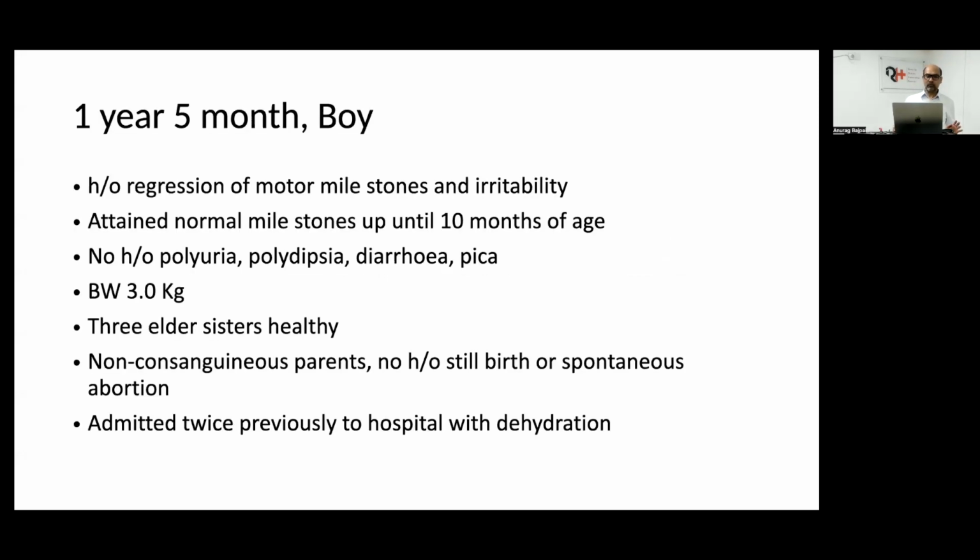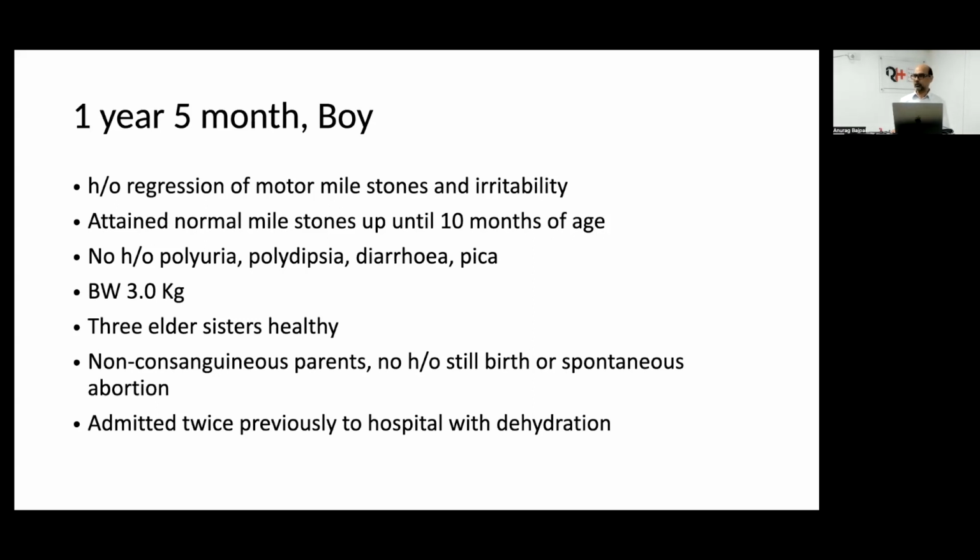I'm just going through this child who initially presented to the clinic 2-3 years back. At the time, the child was 1 year, 5 months old. He was a boy. He has a history of regression of motor milestones and irritability. He attained normal milestones up until 10 months of age.